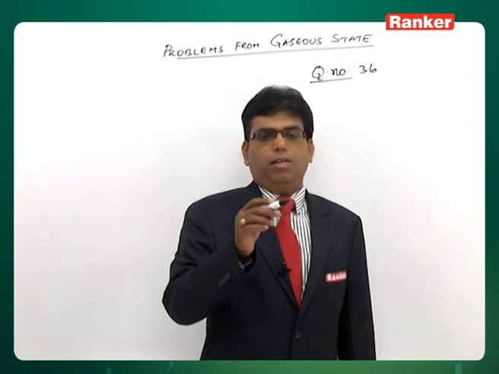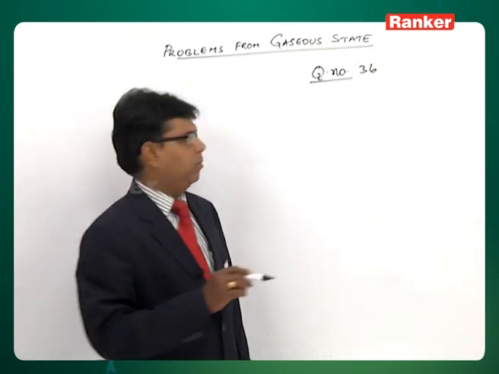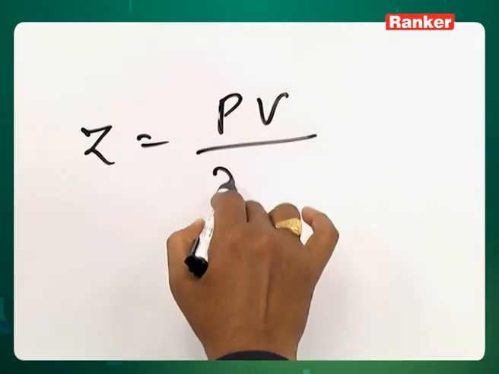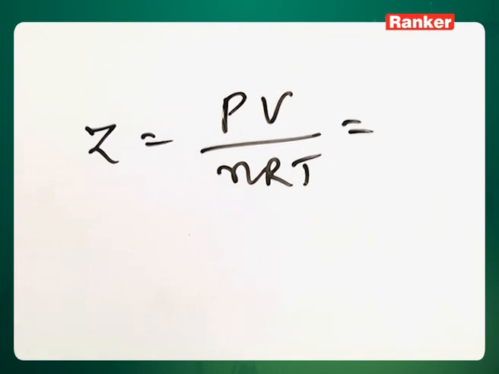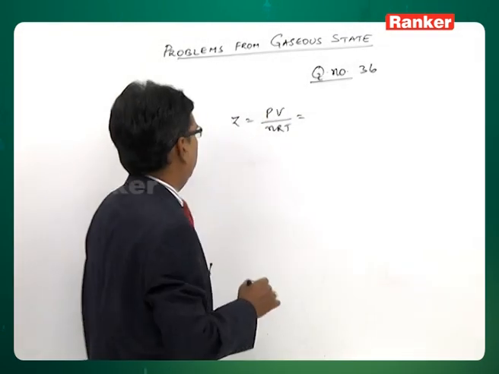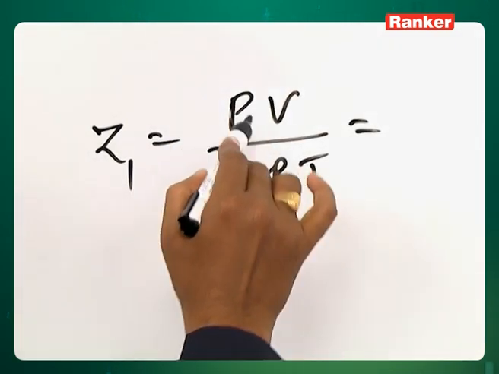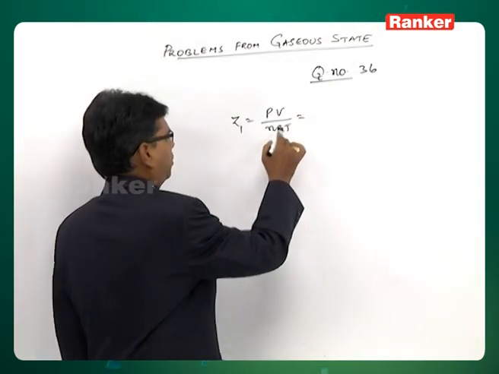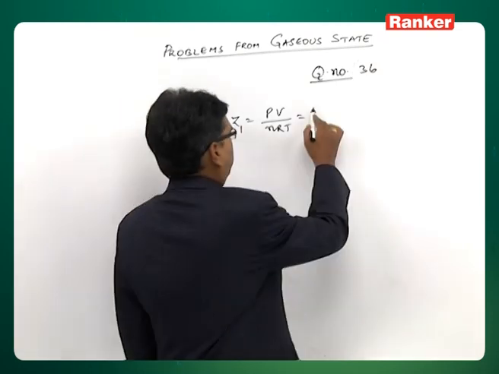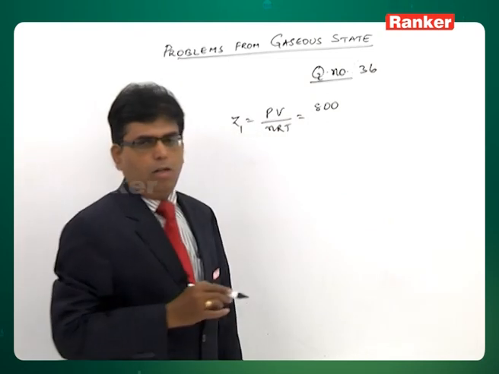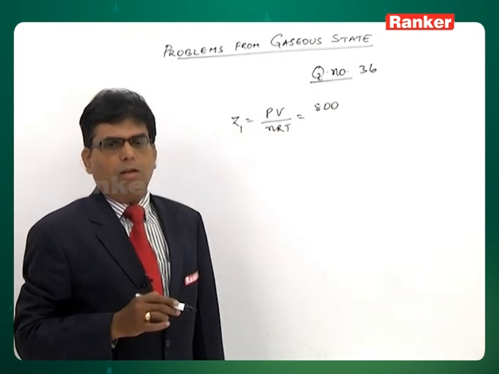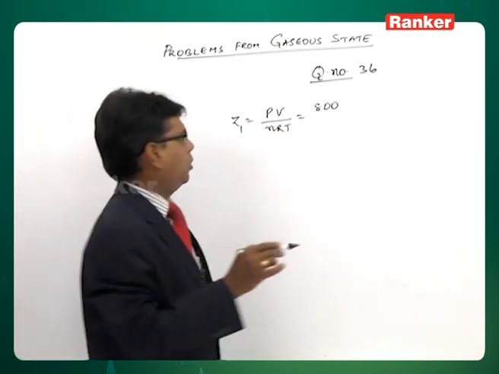Then the compressibility factor Z in the first case, if you take, Z equal to PV by nRT, then what we have to find out is actually the n value. So, Z1 equal to PV by nRT, where the pressure is given as 800 atmosphere, the temperature is 330 Kelvin, and the volume is 1 cubic decimeter.